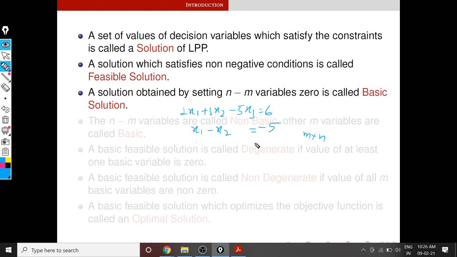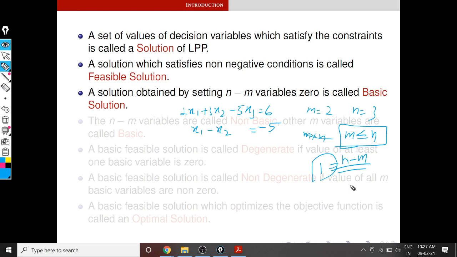Here m is the number of equations, so m is 2, and n is the number of variables, so n is 3. We have already mentioned that m is always less than or equal to n. So by setting n minus m variables, in this case 3 minus 2 which is 1, we choose one variable as 0. A solution obtained by setting n minus m variables to 0 is called the basic solution.